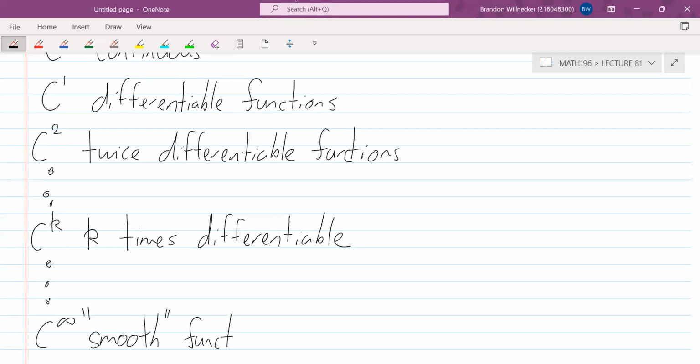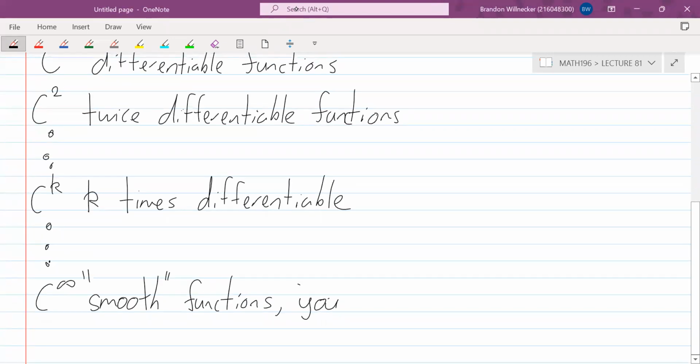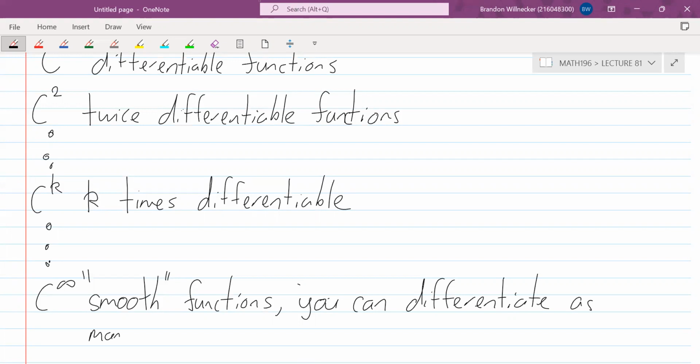You can differentiate them as many times as you like, and the result is again continuous.